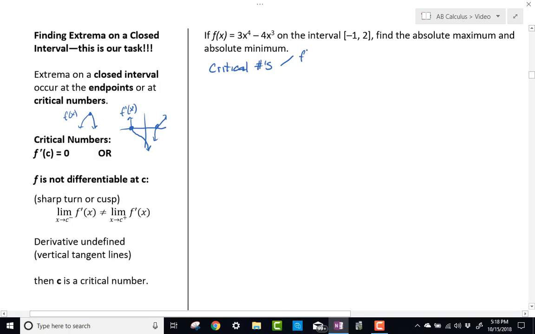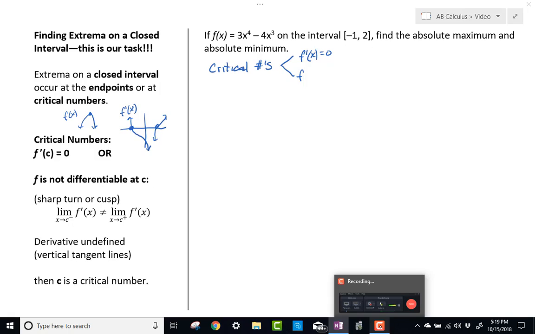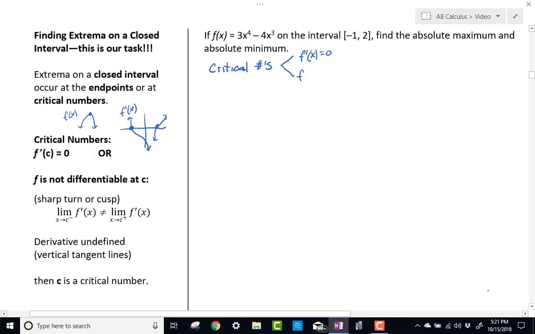Critical numbers are f prime equal to 0, and critical numbers are where f is not differentiable. Now the other thing we could say is we could say f prime is not defined, so I'll probably use that in the future.